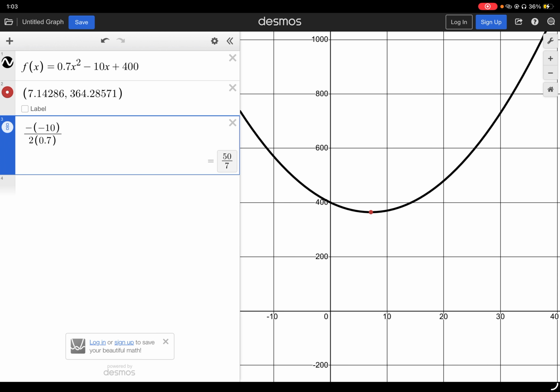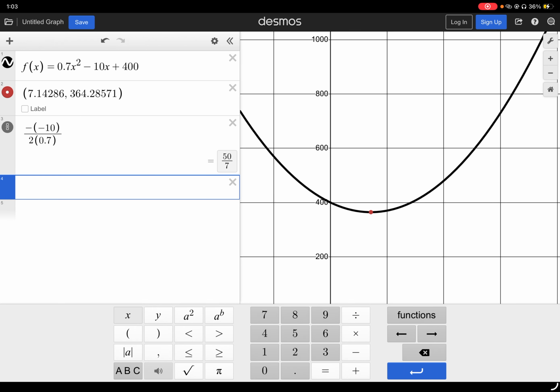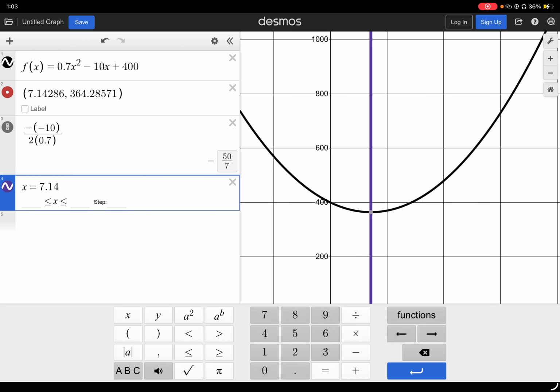So you see, even though I try to graph this vertical line, x equals 7.14286, it looks like it's crossing through the vertex, but it's off just ever so slightly.